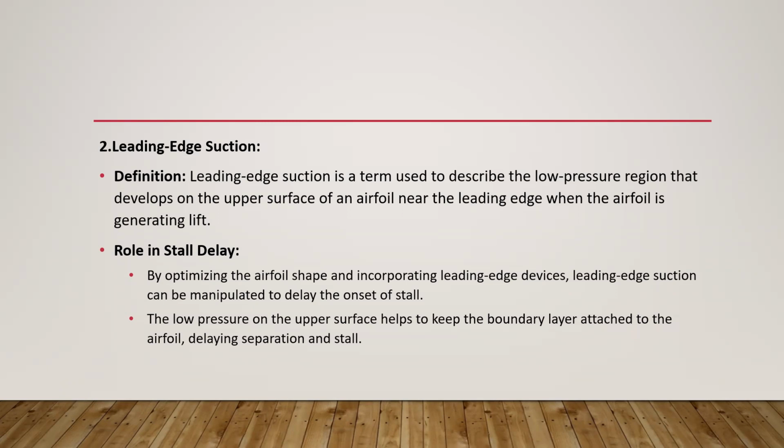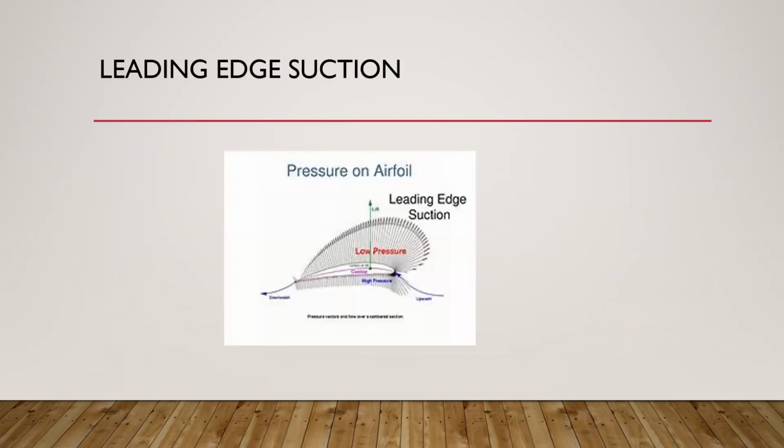The low pressure on the upper surface helps to keep the boundary layer attached to the airfoil, delaying flow separation. Here we can see the picture of leading edge suction. Here it is the leading edge and here it is the trailing edge.